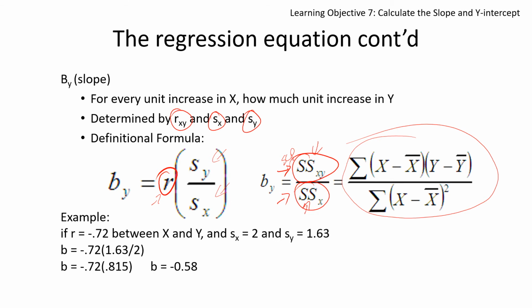But let's look at an example. Let's say our r is negative 0.72 and our standard deviation of x is 2 and our standard deviation of y is 1.63. Well, we can plug those in. We do negative 0.72 times 1.63 divided by 2, and we get a slope of negative 0.58.